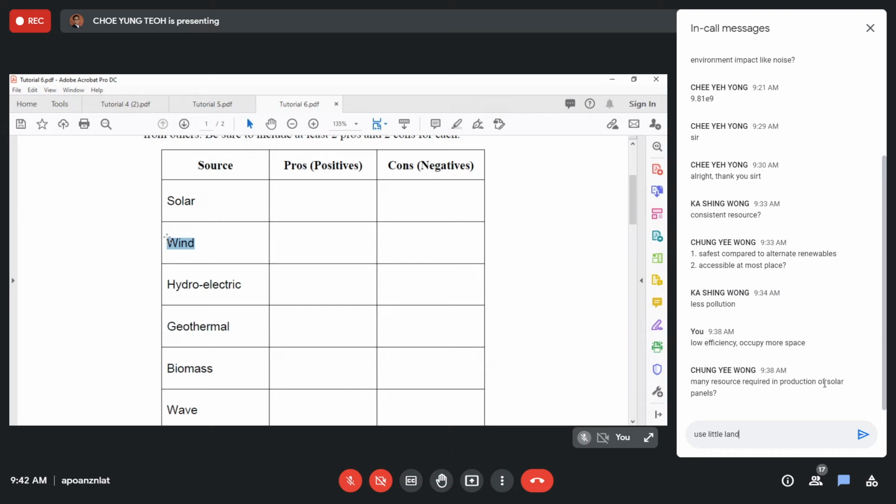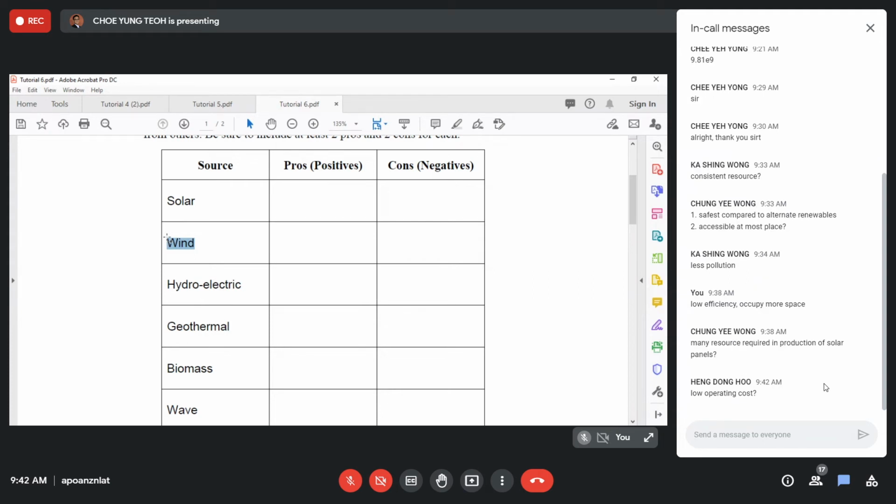And then what else? Wind energy. Anyone? None of you gave any answer for wind. Let's think about it. What's a good thing about wind or bad thing about wind? Low operating cost.